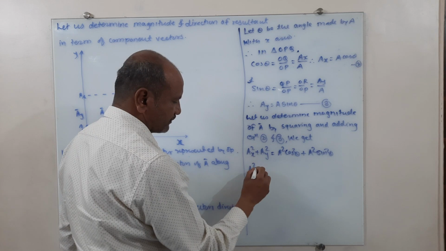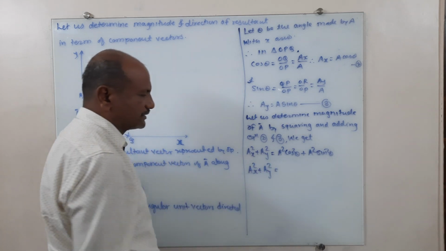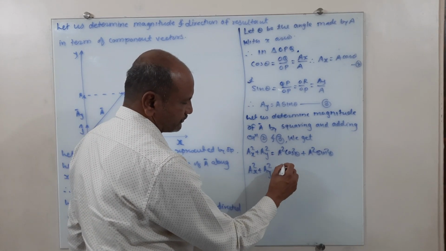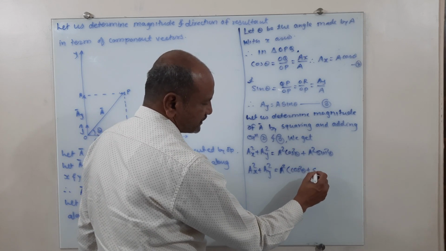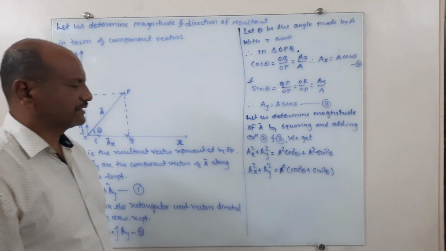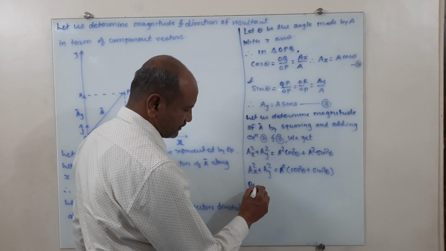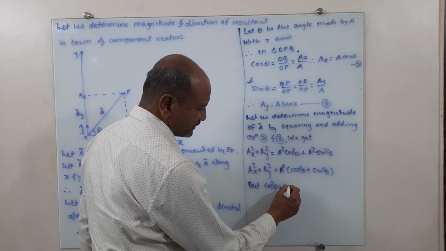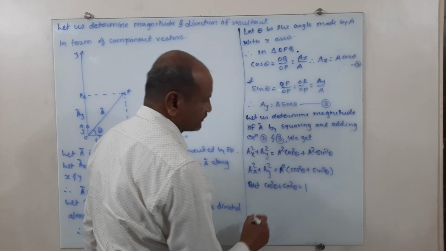Therefore, AX square plus AY square is equal to, here taking common A square inside the bracket, cos square theta plus sin square theta, but cos square theta plus sin square theta is equal to 1.